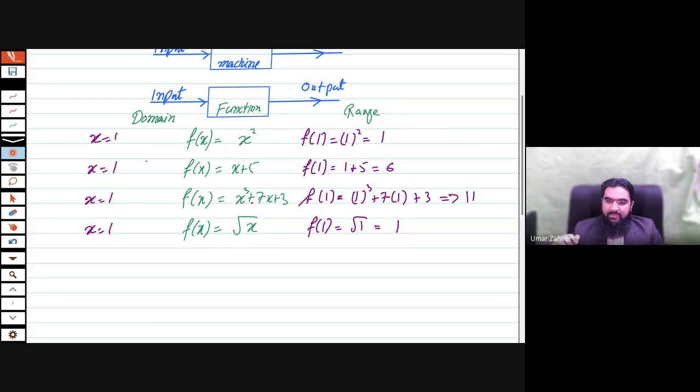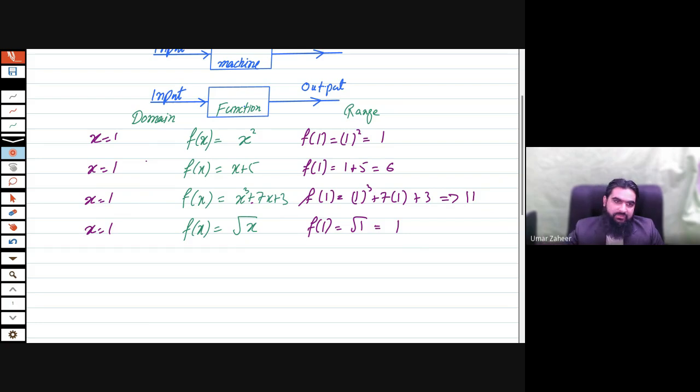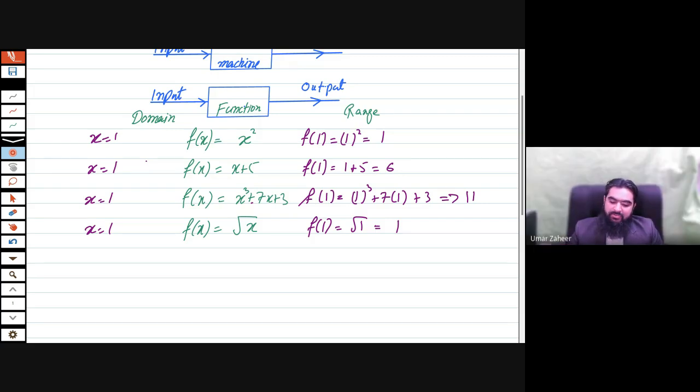Sir, how do we know in which functions we should put the x? Ask the question again. How do we know in which functions we should put the x? Obviously, I just took different random functions and I am substituting in all the functions x is equal to 1, like these.